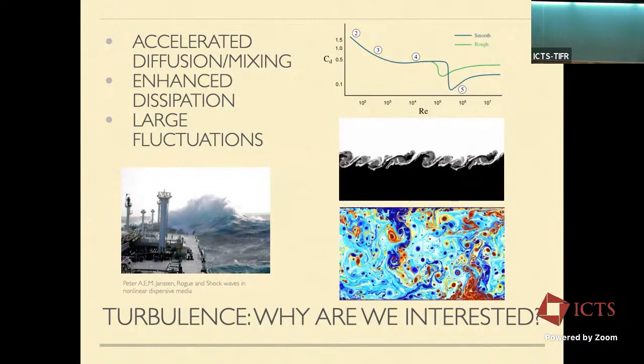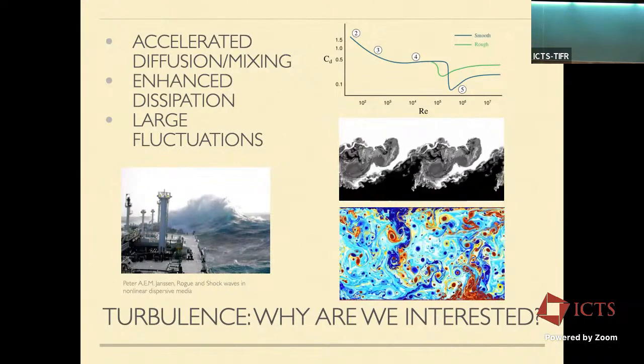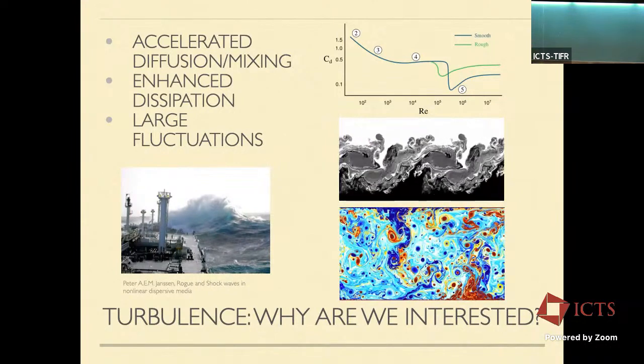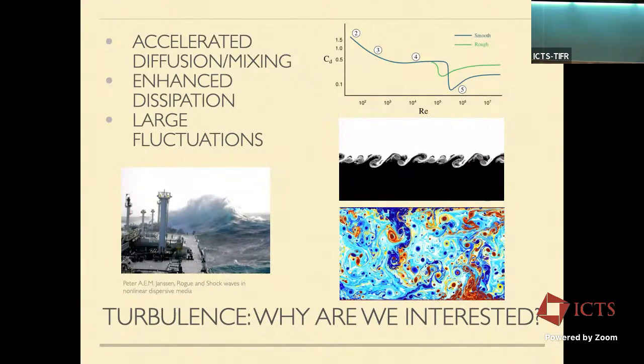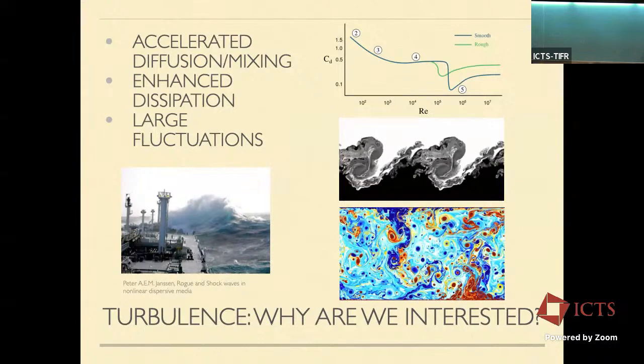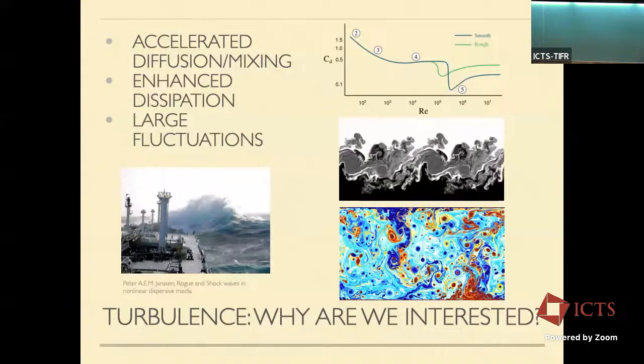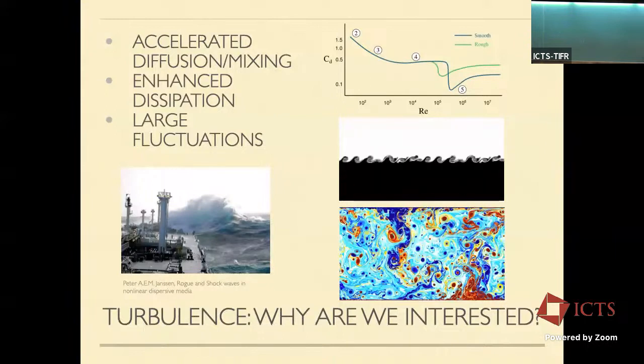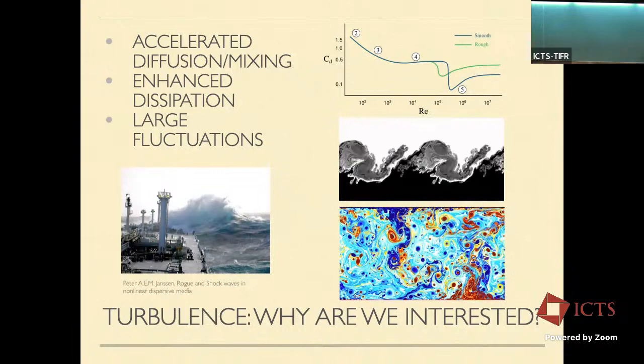And then this is the video of Rayleigh-Bénard convection. You can see this strong mixing between the cold and the hot fluid. And then the other interest is that these turbulent flows can lead to very strong fluctuations. Some of these fluctuations of interest are extreme events.